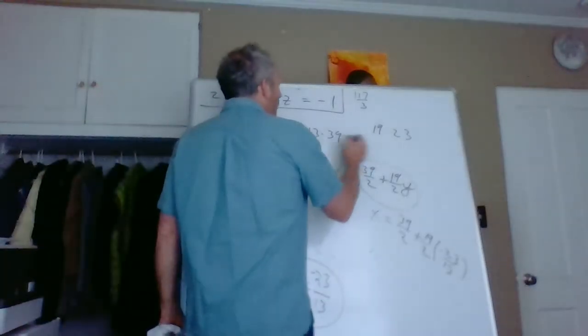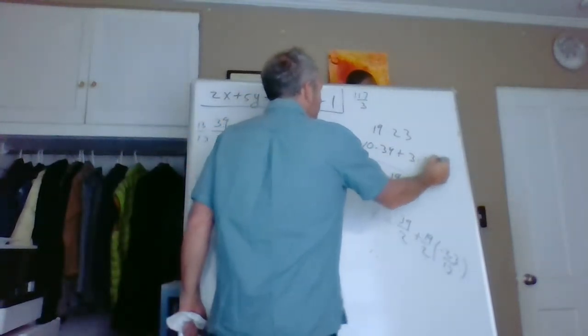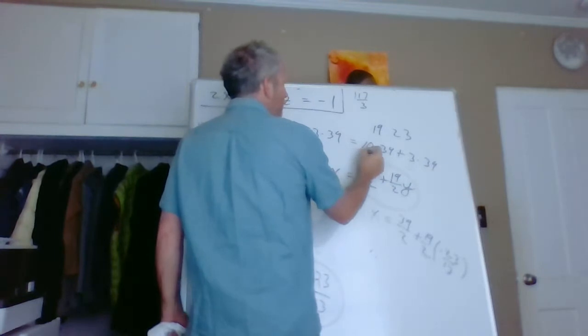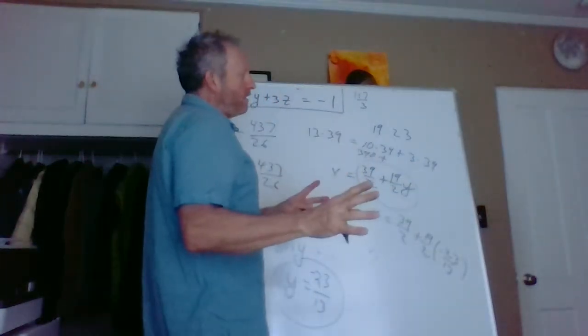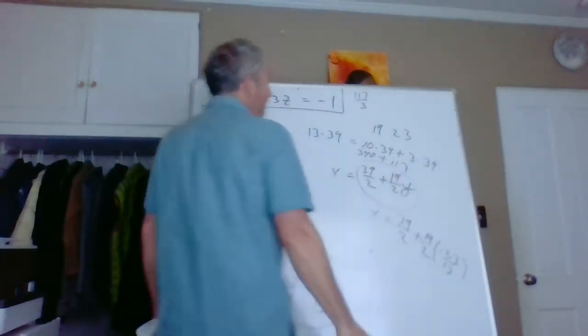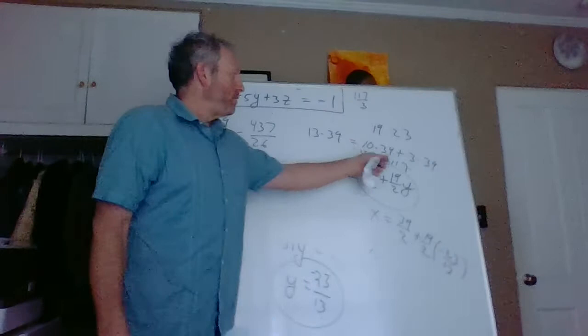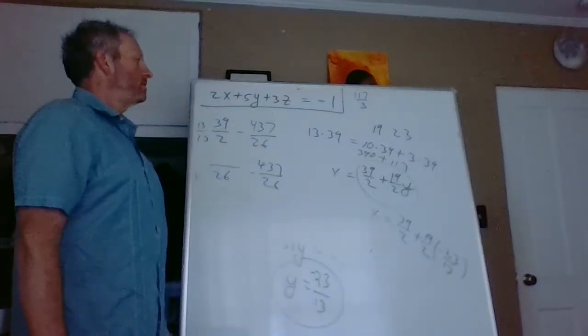But at any rate, the way I would think about this is 10 times 39 plus 3 times 39. It's a little bit easier to think about, and this right here is 390. And this is relatively easy to figure out, right? Because 3 times 30 is 90, and then 27, 117. So then you have to figure out 390 plus 117, which is how much?